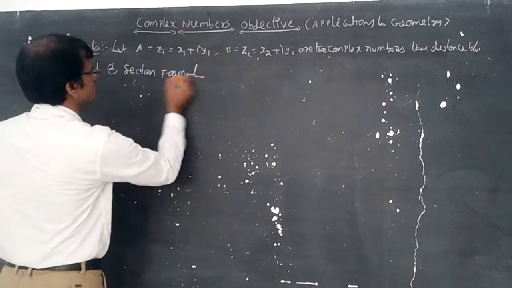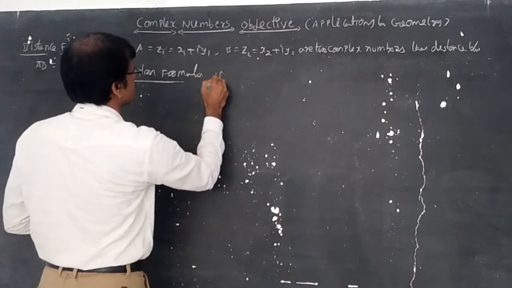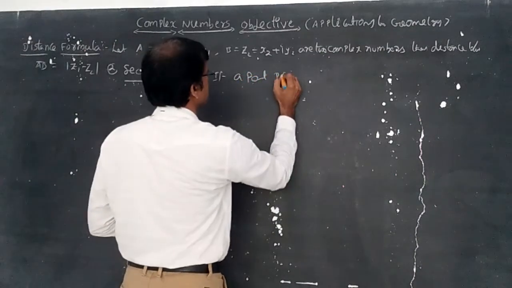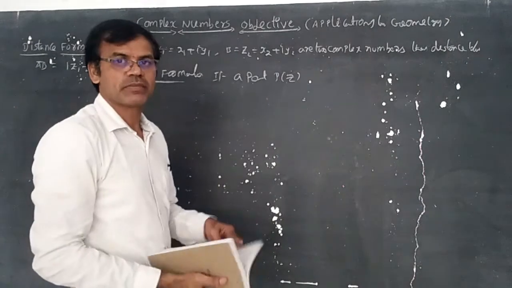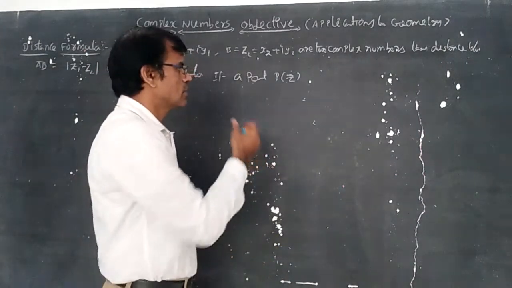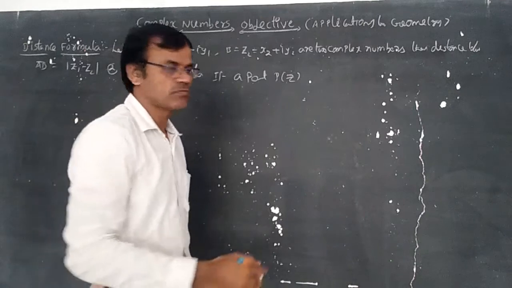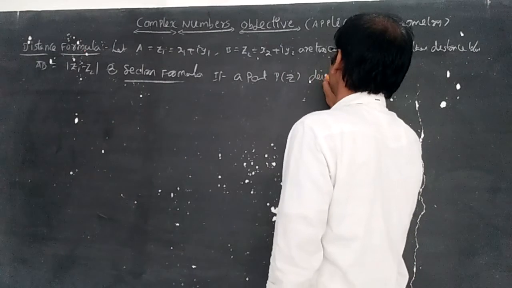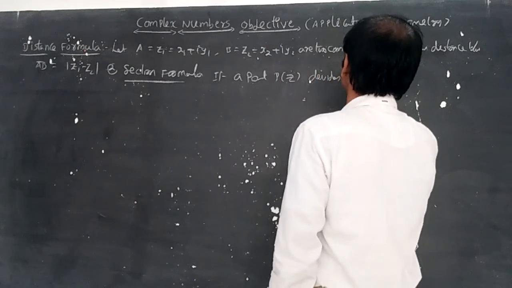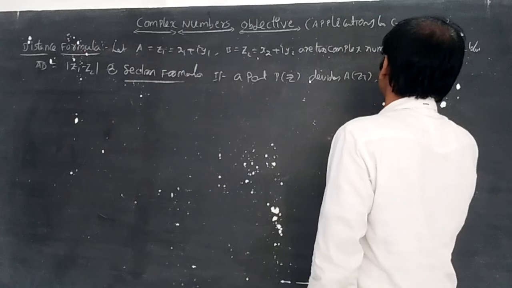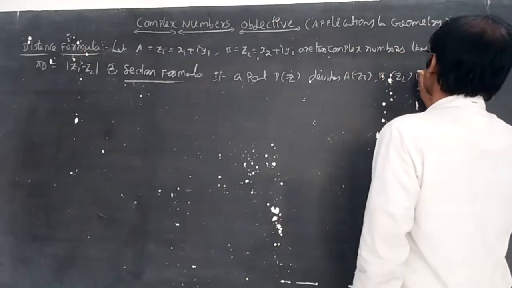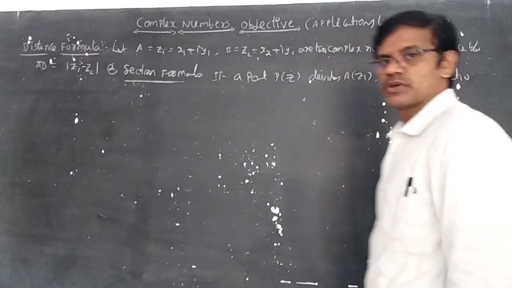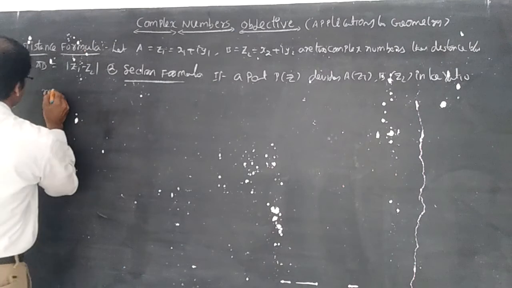If a point P(Z), where Z means the complex number x plus i y, divides A(Z1) and B(Z2) in the ratio m is to n internally.